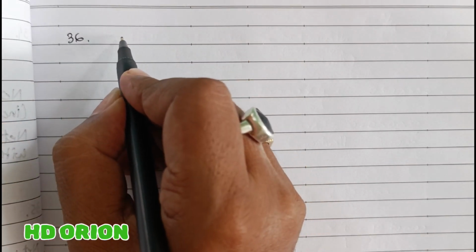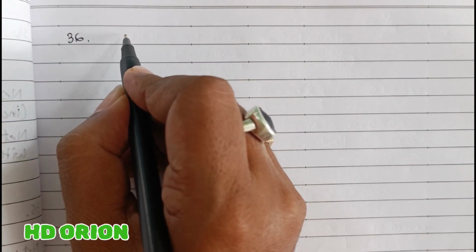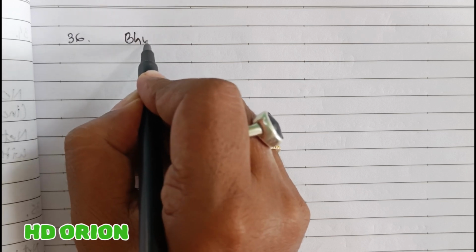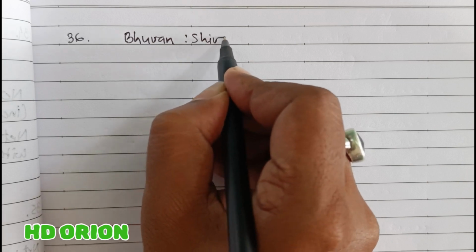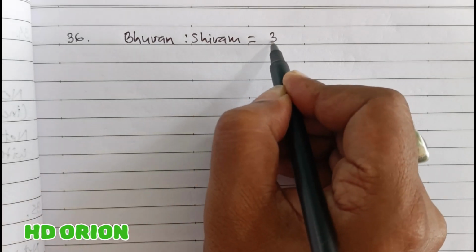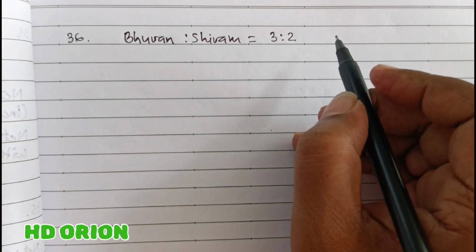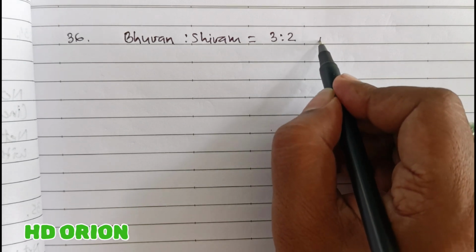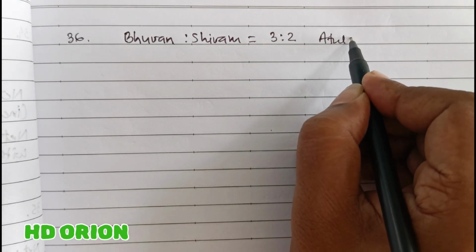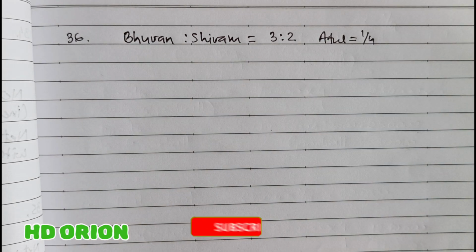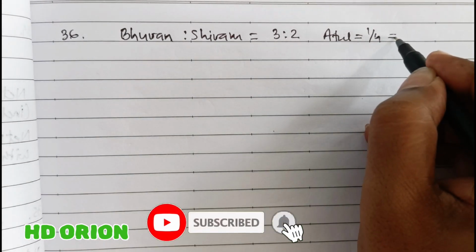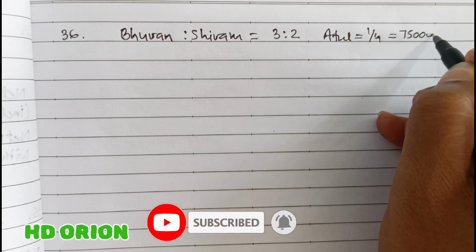There are two partners, Bhuvan and Shivam. Ratio is 3:2 and new partner Atul's portion is 1/4 share in the total profit. And Atul's capital is rupees 75,000.